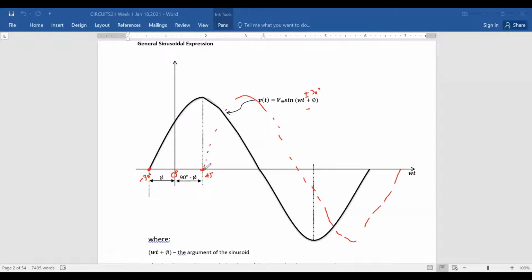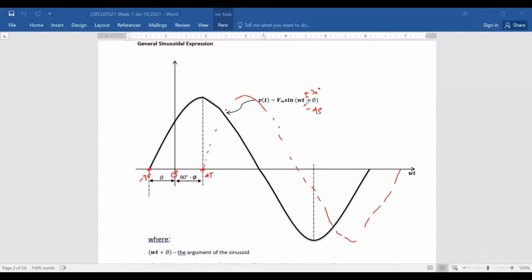If the sinusoid starts here, at 45 degrees to the right, then we'll have Bm sine omega t minus 45 degrees. So that's how we interpret it if the angle is positive, or if the angle is negative. We interpret our expression with respect to the x-axis.